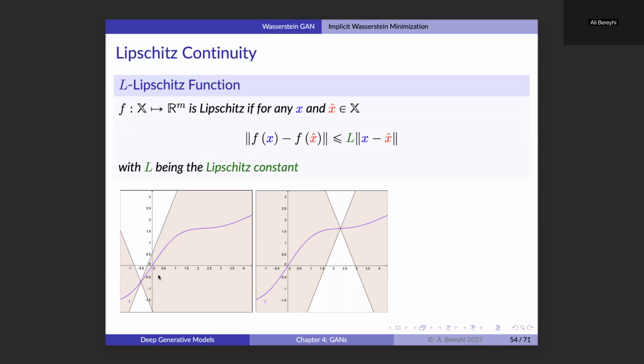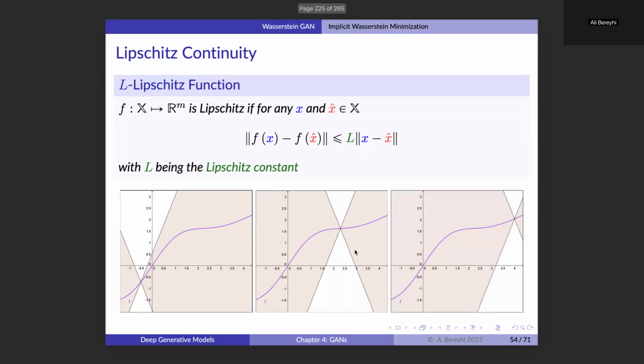I always want these two lines to limit the slope of the function. The function here is very steep, but still the slope is below this line. Here it's not that steep, it's below this line, and so on. So if you take these two crossing lines and pass them over exactly on your function, you always want your function to be inside that region. And this is the intuitive illustration of the Lipschitz property.